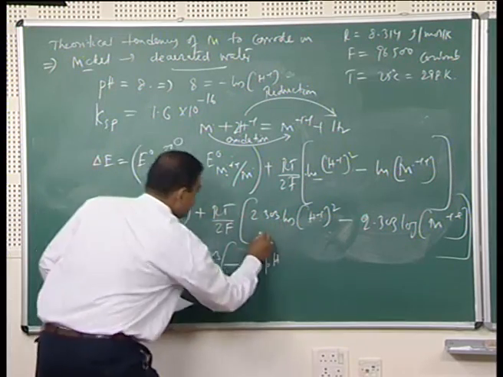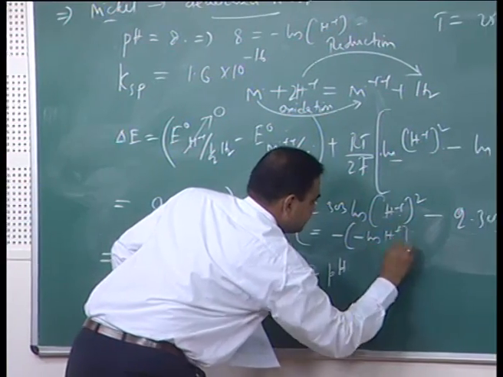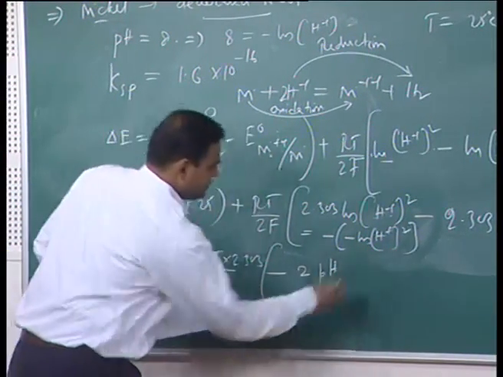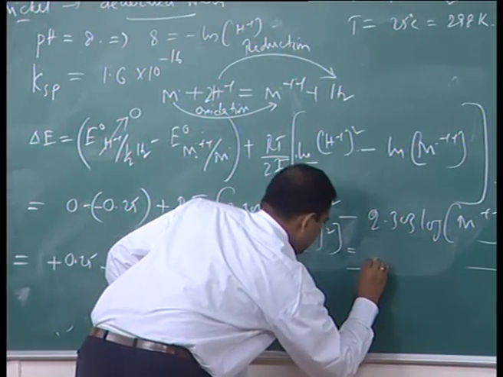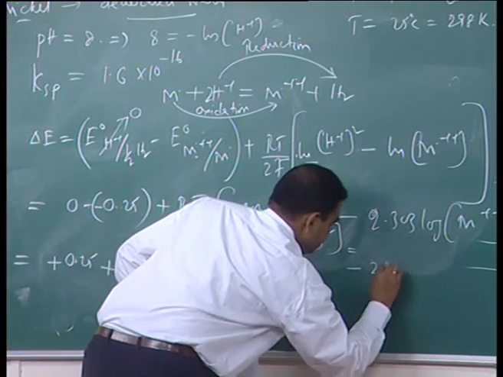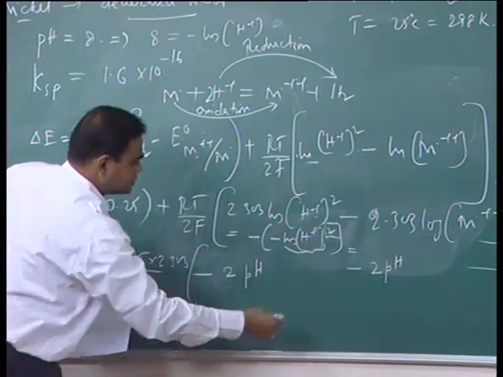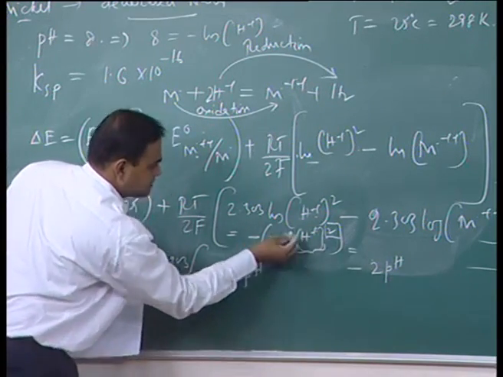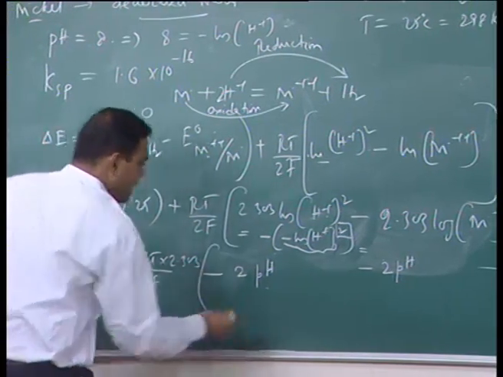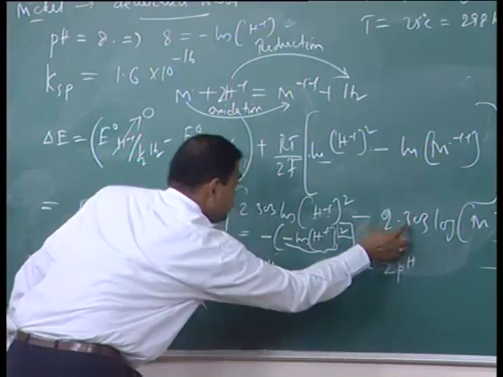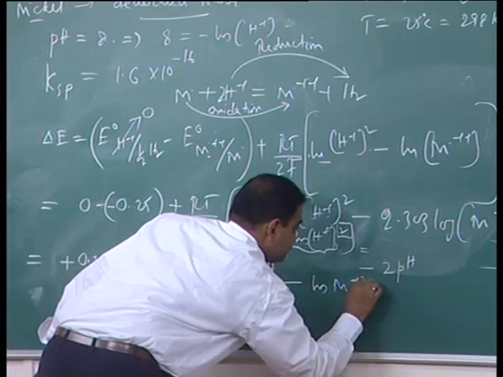Minus log H plus is pH, so this term is minus 2 pH, plus minus 2.303 log Ni2+ concentration.